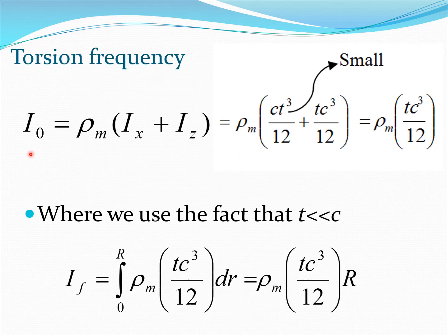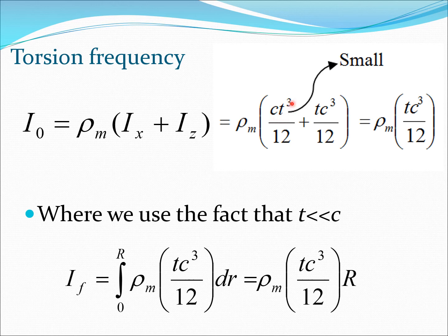And so in this case, I0 would be rho m into Ct cube by 12 plus Tc cube by 12. So recall that I for a rectangular section of breadth b and height h is bh cubed by 12, so we are using that here. So height corresponds to thickness and breadth corresponds to c here.